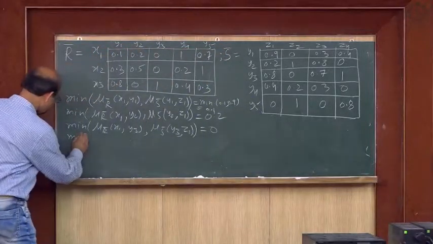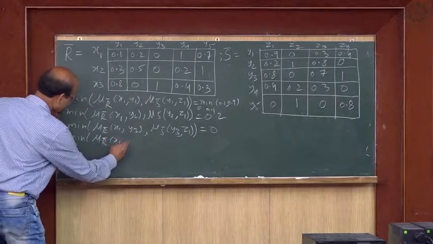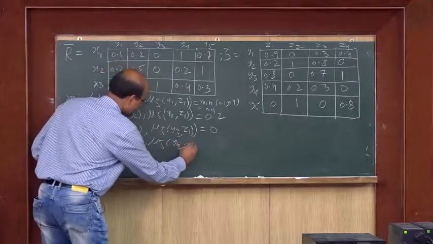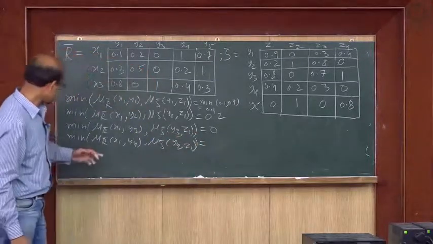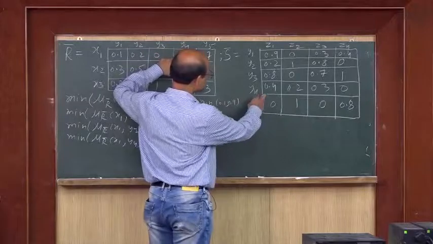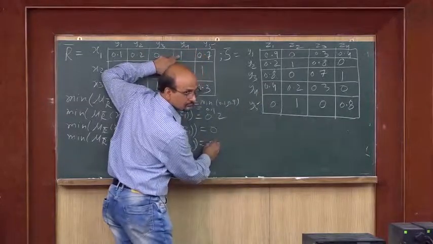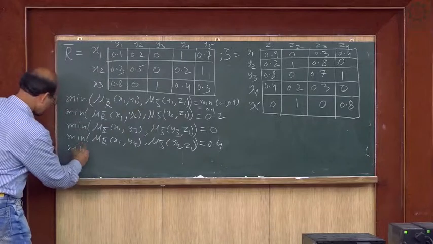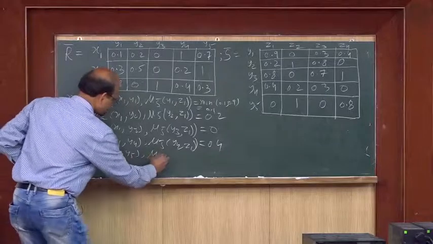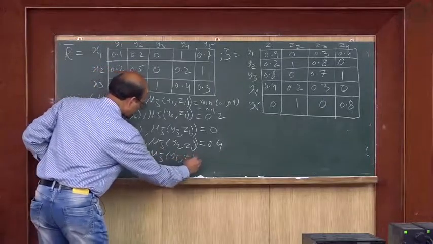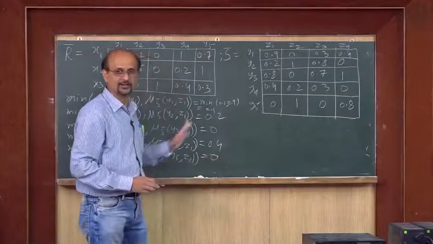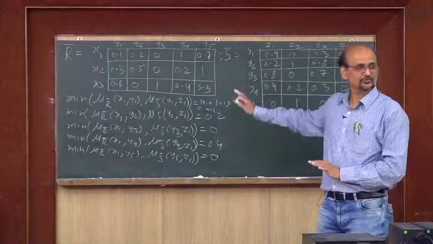So minimum of mu R bar x1 y4 and mu S bar y4 z1. So what is that? x1 y4 and y4 0.4, so it is 0.4. Then the last one, minimum of mu R bar x1 y5 and mu S bar y5 z1. What is that value? 0. I believe you. So I am writing 0.